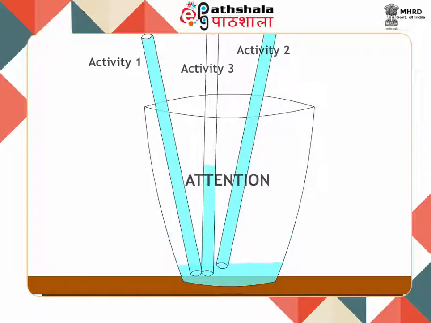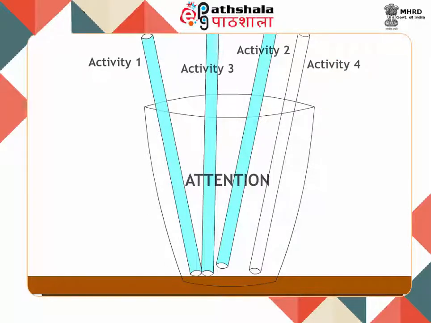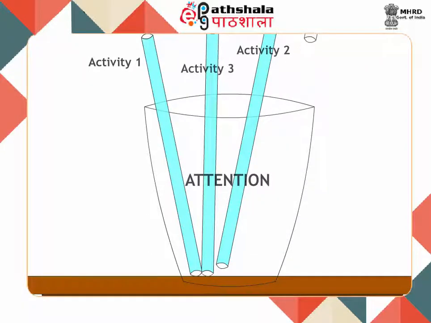And the amount of water is again used for this activity. If the next activity is added, there is no water, that means there is no attention, and this activity will get no attention because all the attention has been used by the other activities.